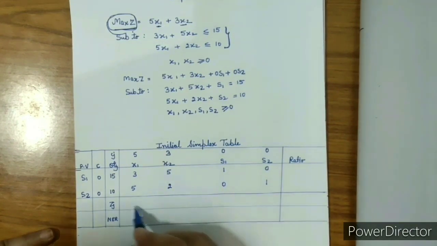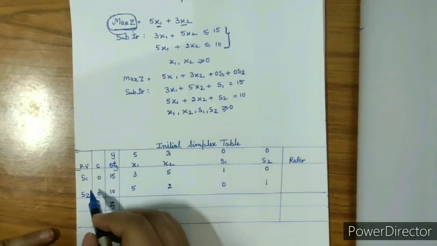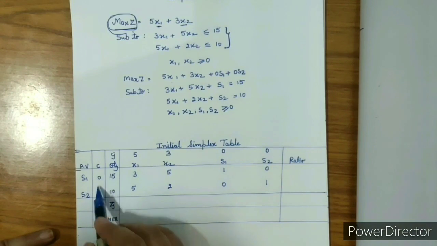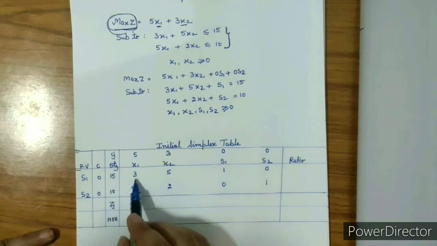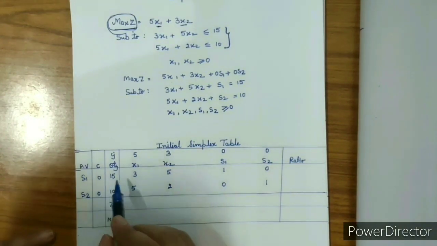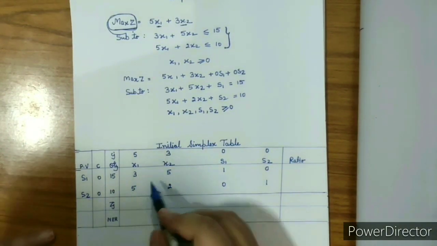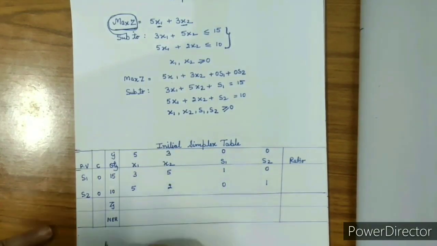The ZC row values are obtained by multiplying the contribution column by each column, element by element, and taking the sum. Or, in simple terms, the contribution is multiplied by each column of the basic and non-basic variables and summed.